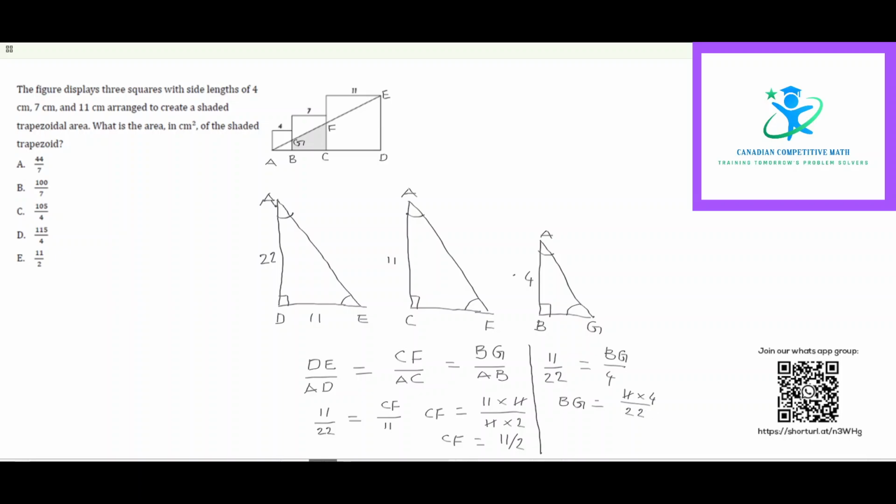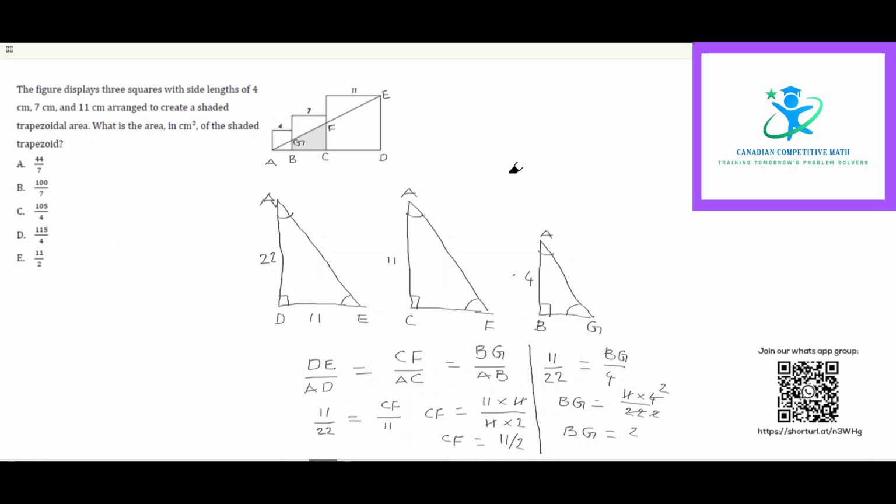This goes 2, this goes 2, so BG equals 2. Let me erase this. Now we have established that BC equals 7, BG equals 2, and CF equals 11 by 2.